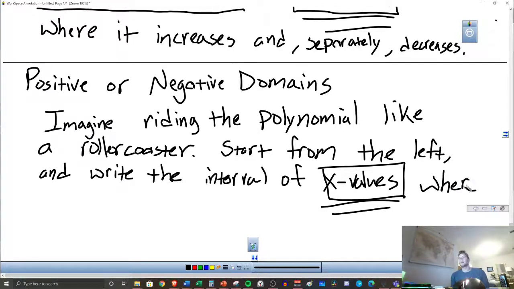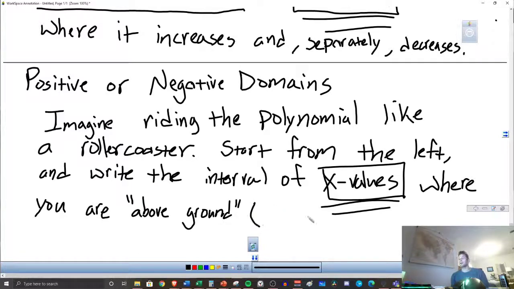Where you are, we'll say above ground. Okay, so above ground, and I'm going to put in parentheses what we mean mathematically by that, which is positive, or f of x is greater than 0.